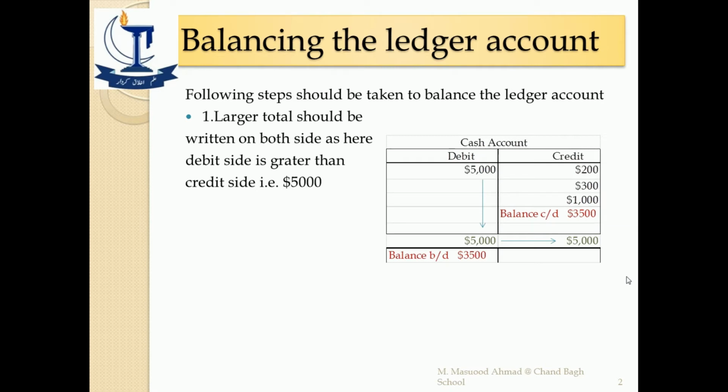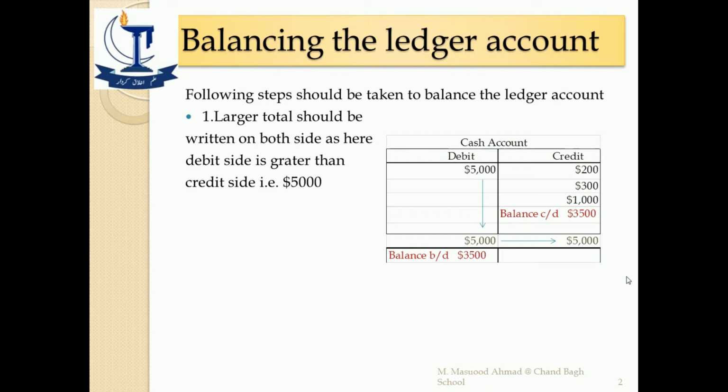So when we total the debit side, its total is 5,000, which is the greater side. On the credit side we had only 200 plus 300 plus 1,000, that is 1,500.